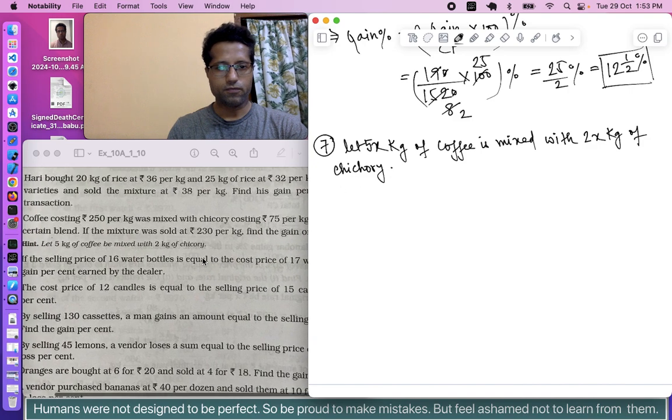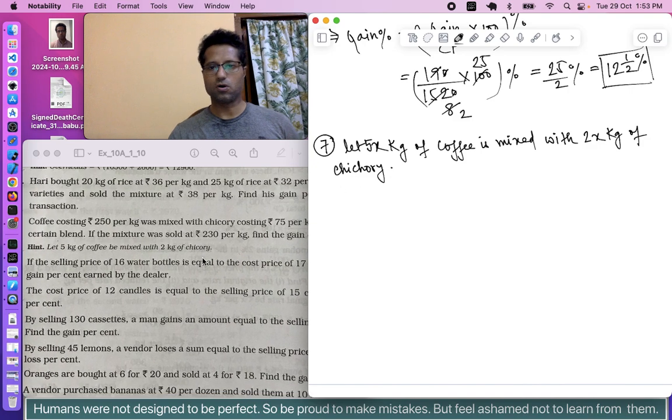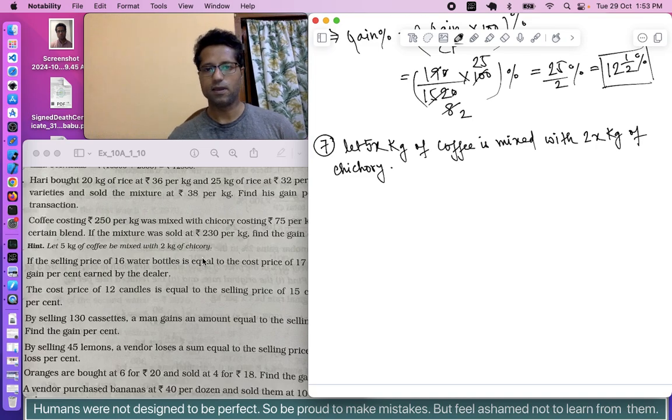So we have to find the cost of 5x kg of coffee and the cost of 2x kg of chicory.